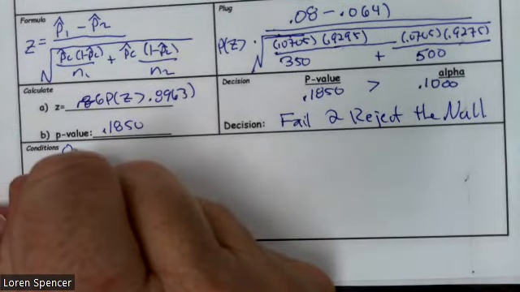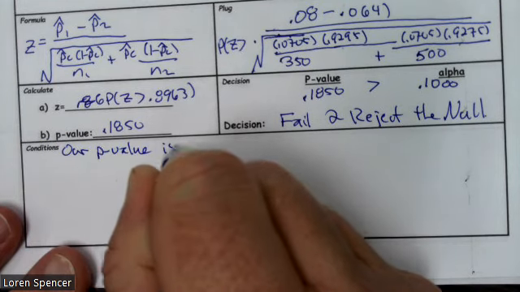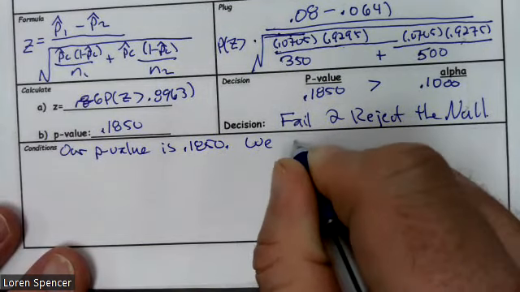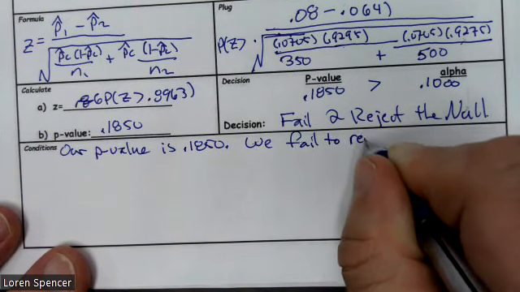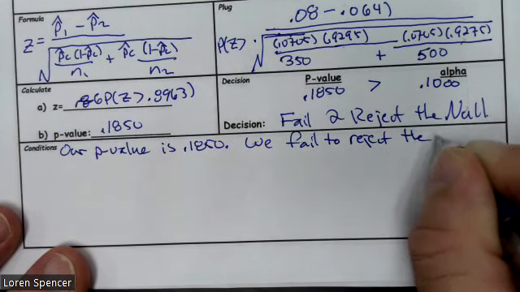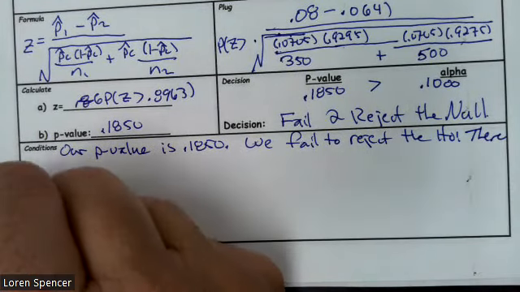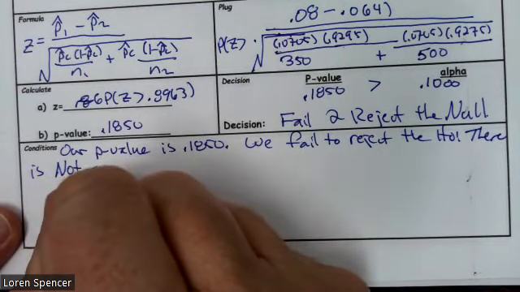So our P value is 0.1850. We fail to reject the H0. There is not enough evidence.